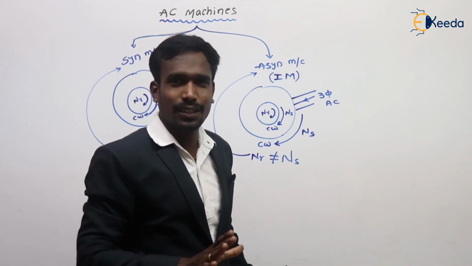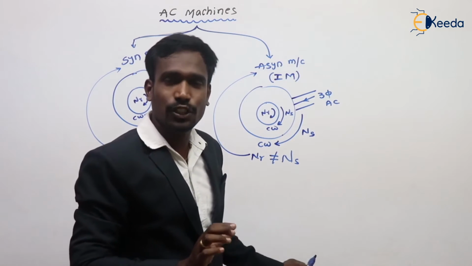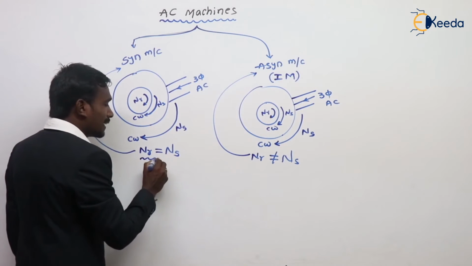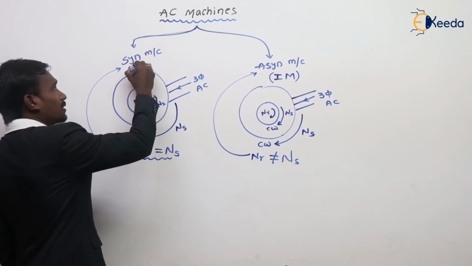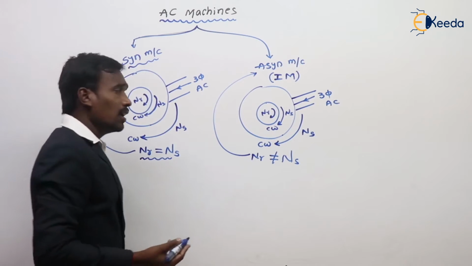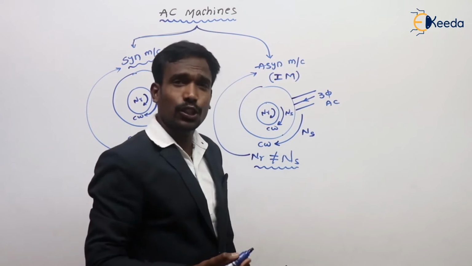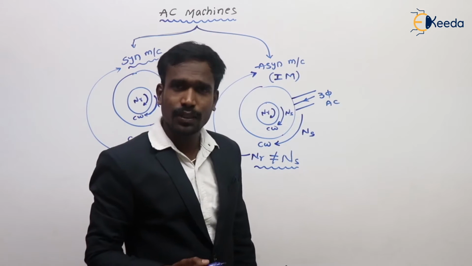You know that concept; we discussed it earlier. So, in which the rotor speed exactly equals synchronous speed, that machine is called synchronous machine, and in which it does not, it is called asynchronous machine.